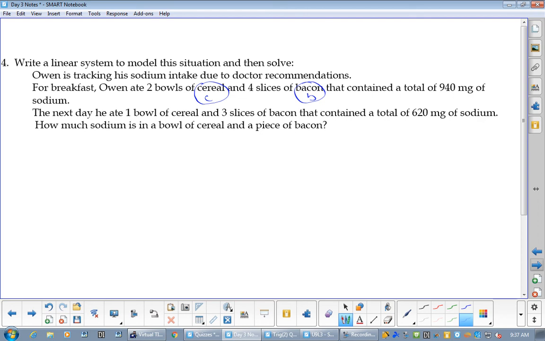So what would be my first equation? You didn't use my variable, so okay, do it again with C and B. Is 940. And my second one, 1C plus 3B equals 620.